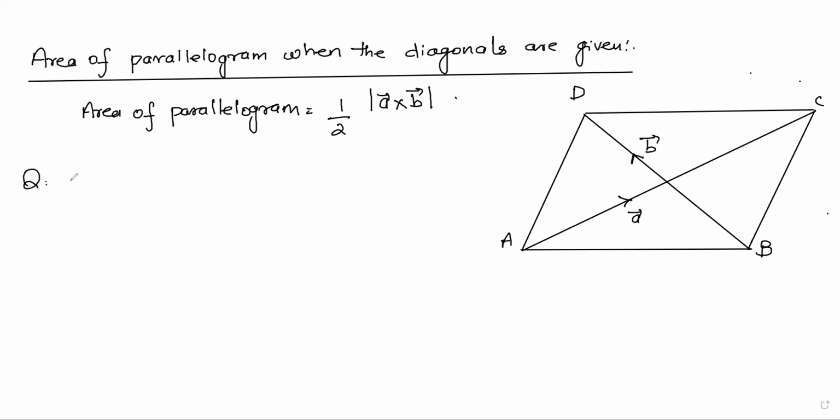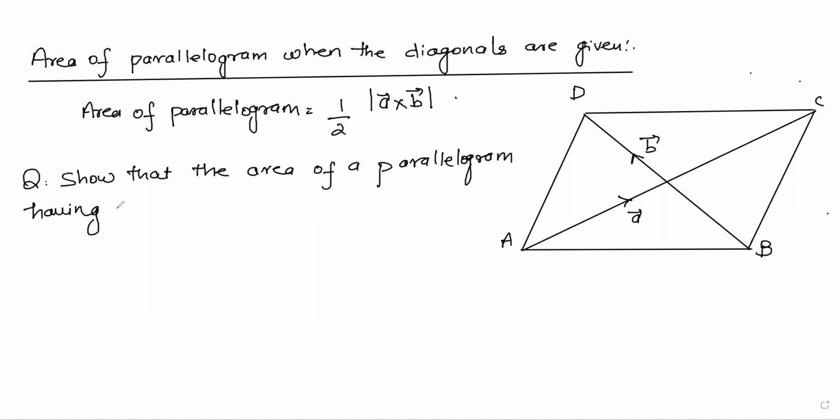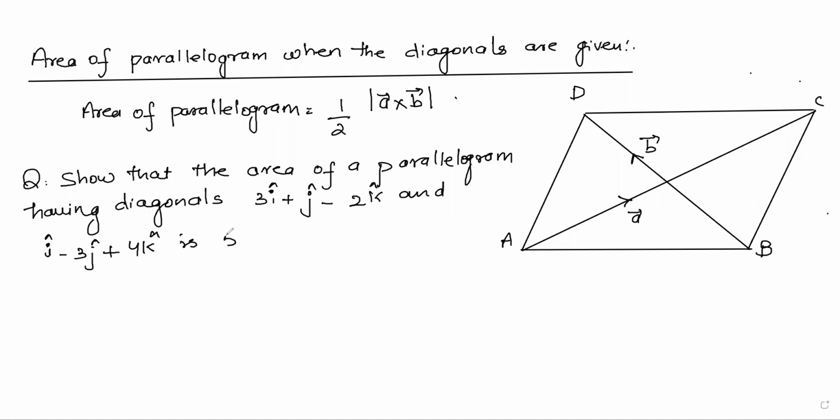This question came in CBSE 2008. Show that the area of a parallelogram having diagonals 3i cap plus j cap minus 2k cap and i cap minus 3j cap plus 4k cap is 5 root 3 square units.